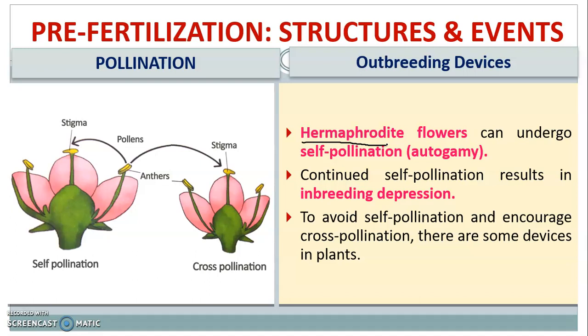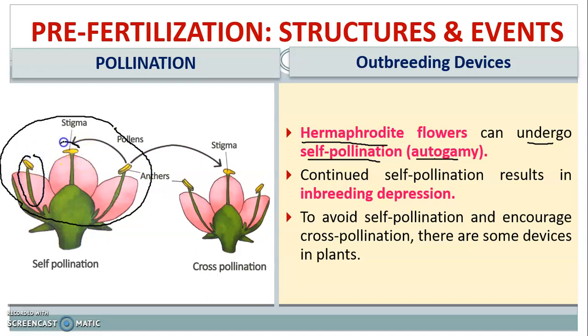Such flowers can easily undergo self-pollination, autogamy. In this slide you can see a hermaphrodite flower. It has the male part, the stamen, and the female part, the pistil or the carpel. The pollen grain easily transfers from the male part, the anther, to the stigma. This type of pollination is autogamy.